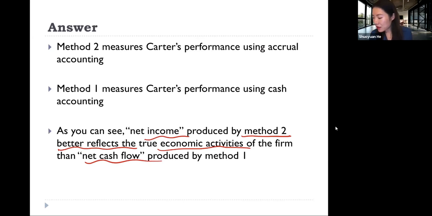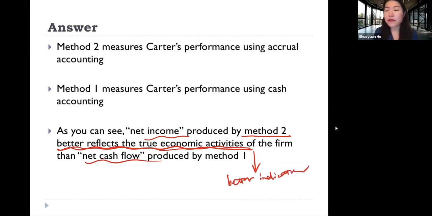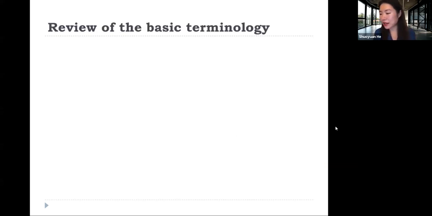And because it better reflects the true economic activity of the firm, it is a better indicator of the firm's future cash flows. So it is more informative if we want to forecast the future cash flow of the firm. So that is cash accounting and accrual accounting.